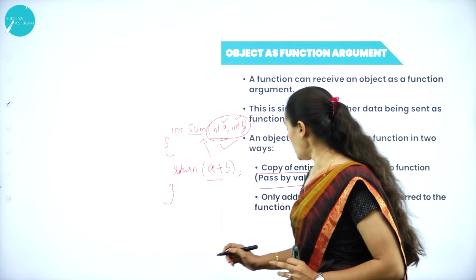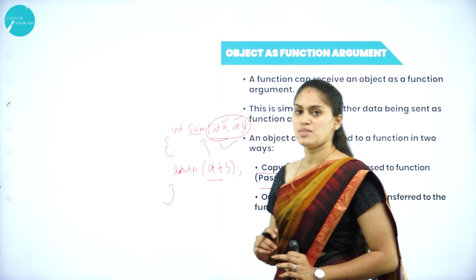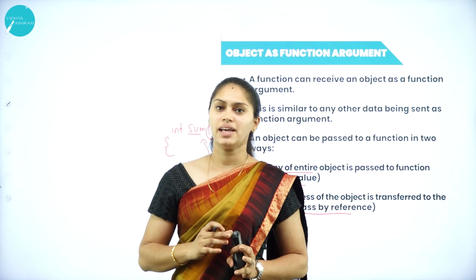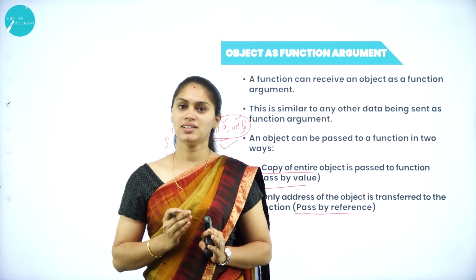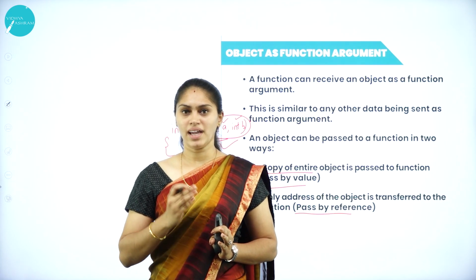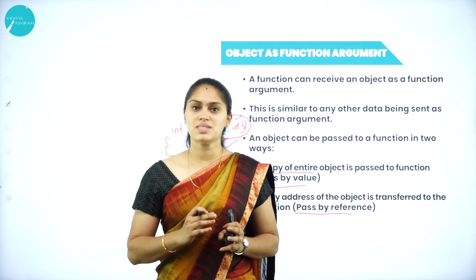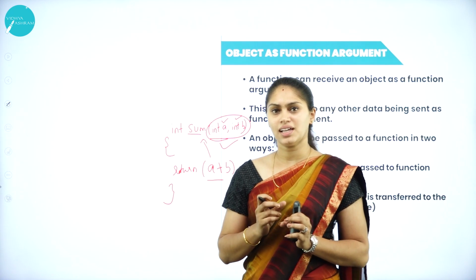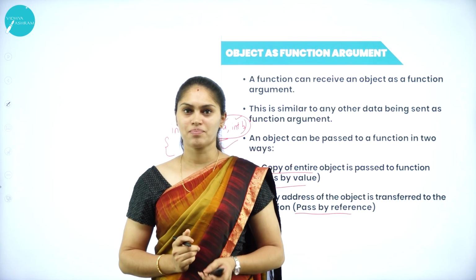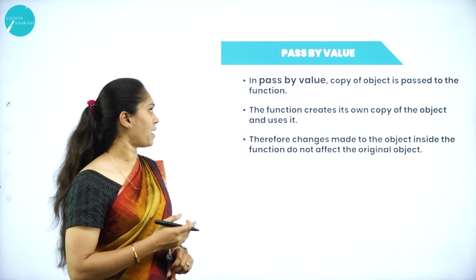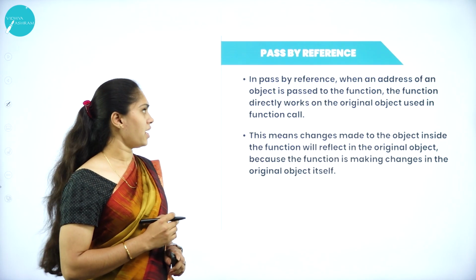That is pass by reference. If I am sending the copy of the complete object as a parameter, that is pass by value. But if I am sending only the address of a particular object, then that is pass by reference. Okay, so we'll see what pass by value and pass by reference mean.